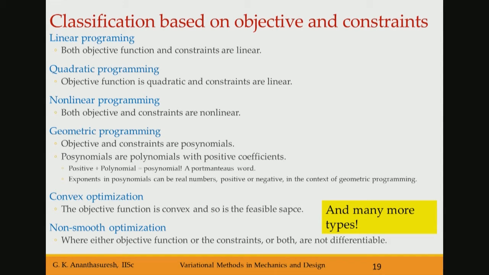There is something called quadratic programming, where your objective function is quadratic. That means that it will have terms like x1 square, x2 square or x1 x2, things like that. But constraints are still linear in a quadratic programming problem. The word programming itself is not computer programming, although optimization problems are solved using computers.